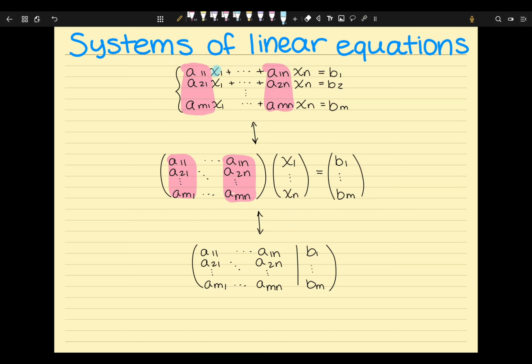So you look at your variables and stick them in a vector, and you multiply it by the matrix. And lastly, you put the constants on the right side into a vector. So this system is described as a matrix vector product. It's the same thing. We've just written our data a little bit differently.